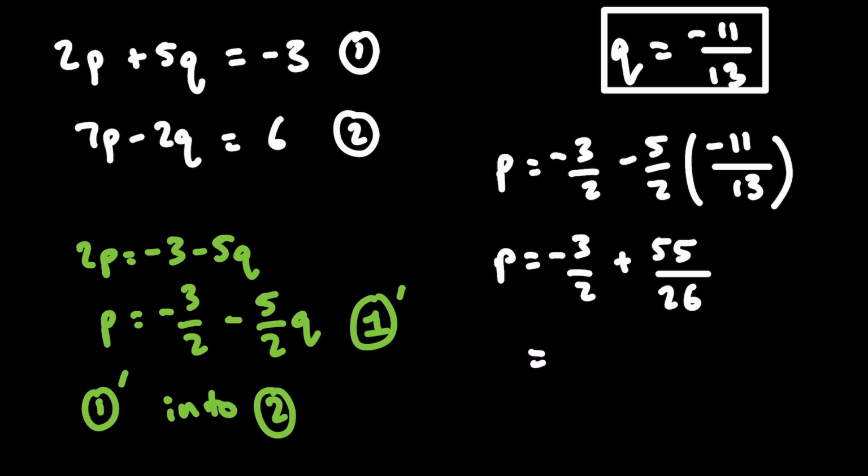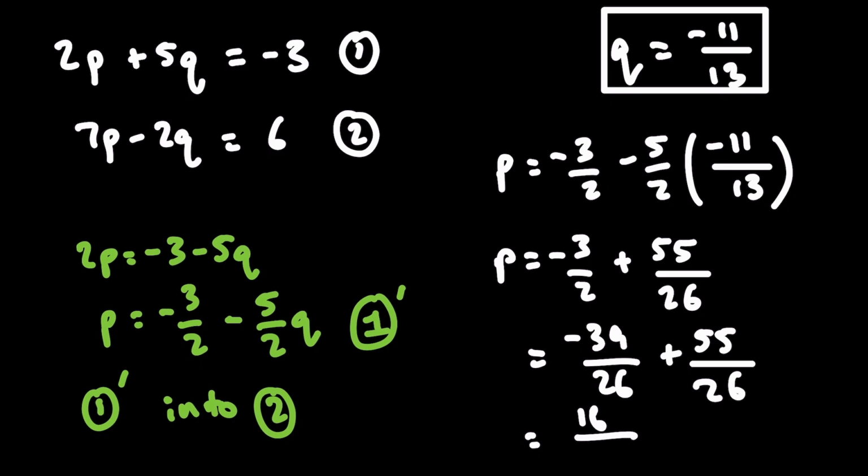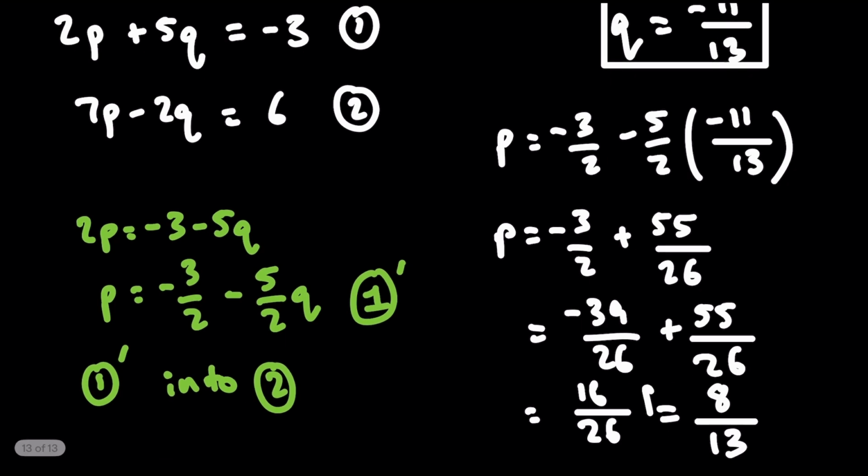So this is the same thing as minus 39 over 26 plus 55 on 26. And our answer becomes 55 minus 39, which is 16 over 26, and that simplifies to 8 over 13. And so that is the value of p.